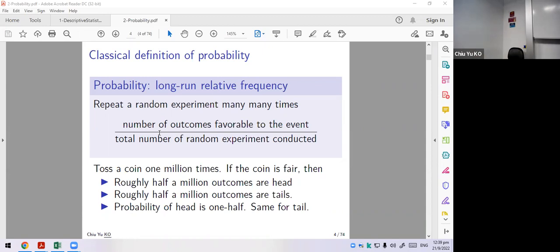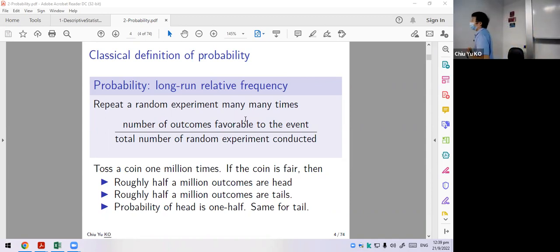By definition, the probability is 1/2 for head, 1/2 for tail, because the number of outcomes favorable to the head will be similar to half of it. And this is useful, right? This fraction is going to be stable.